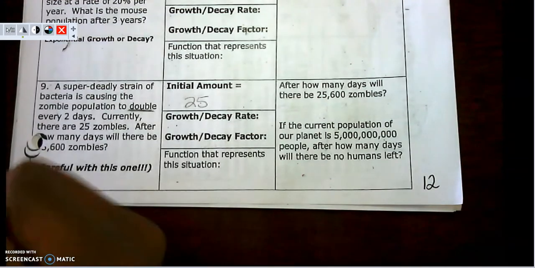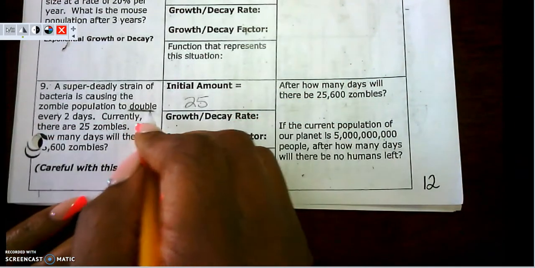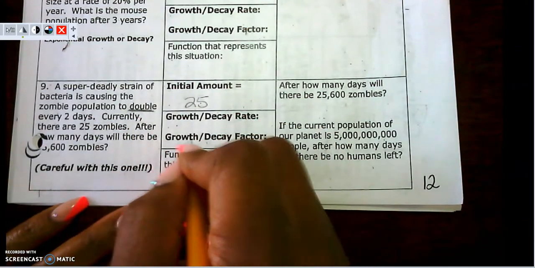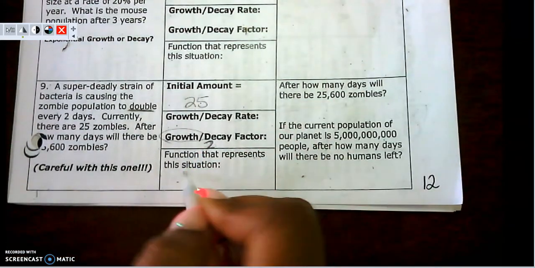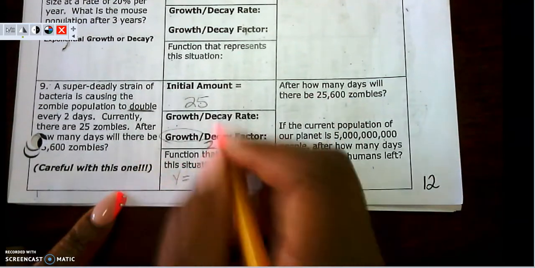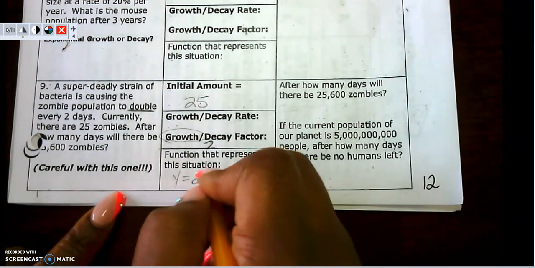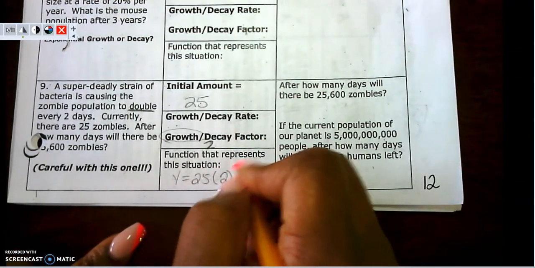If something is doubling or tripling, then it's actually going to be a growth. So if something's doubling, that means that my growth factor is actually 2. Doubling meaning 2. So our function that represents this situation is actually y equals our initial amount, which is 25, times my growth factor, which is 2, raised to the x.